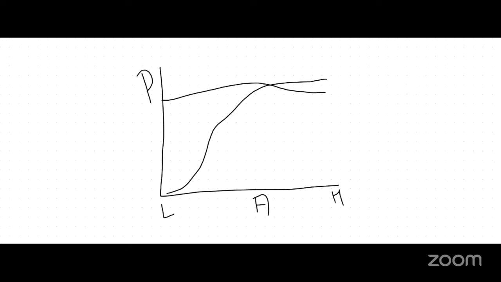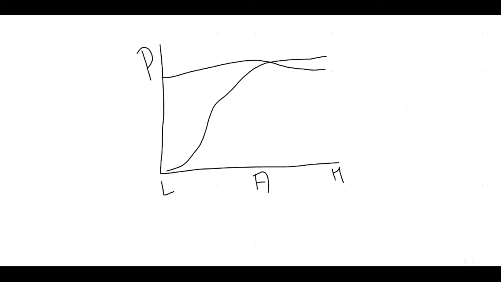Which is a moderate item? An item whose discrimination index is 0.5 and difficulty index is 0.5 is a moderate to good item. Okay.